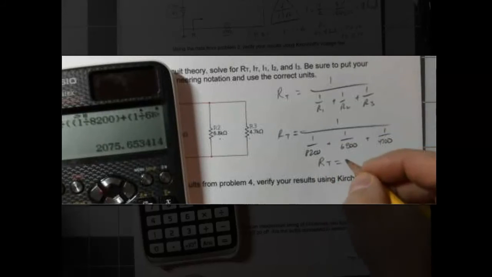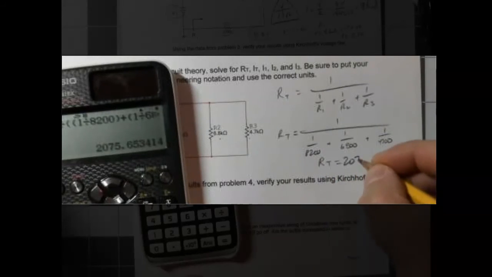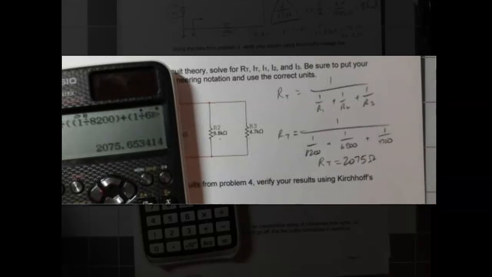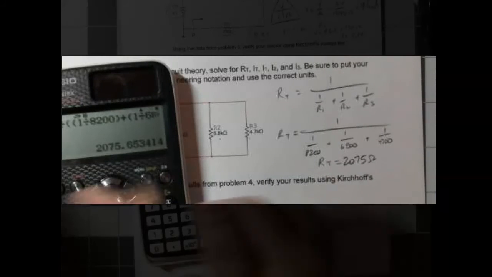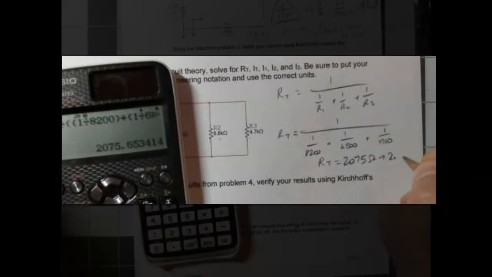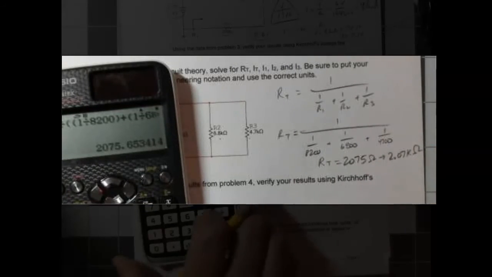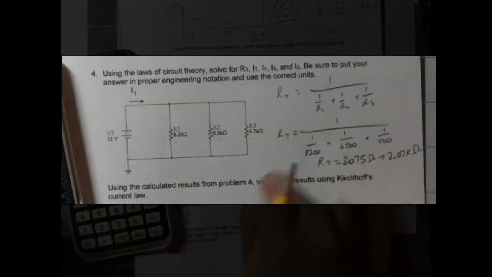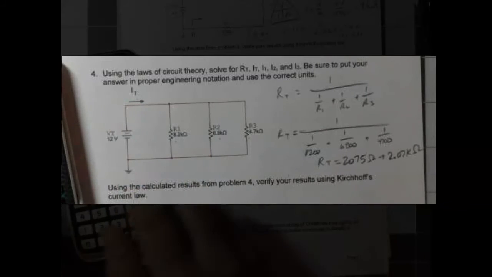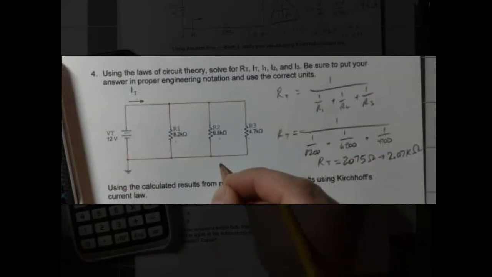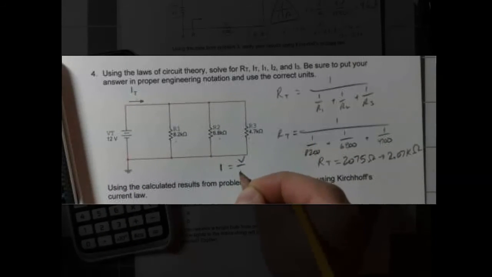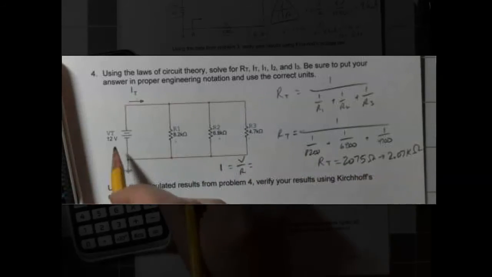our resistance total, 2075, which is 2.07 kilo ohms. We're going to take that number and find our I total. So for I, that's going to be voltage divided by R, which is equal to this 12.